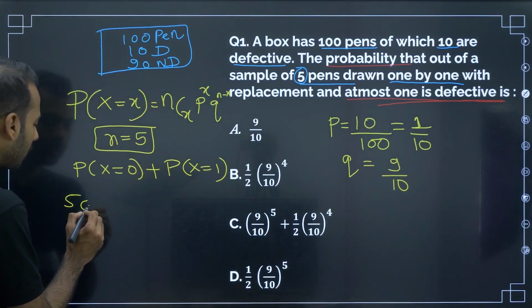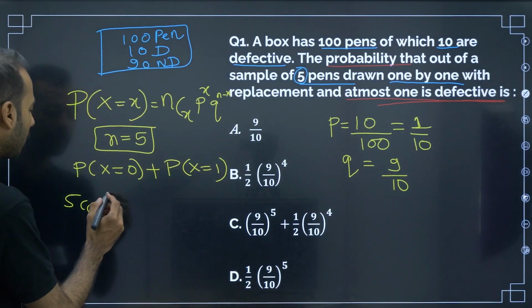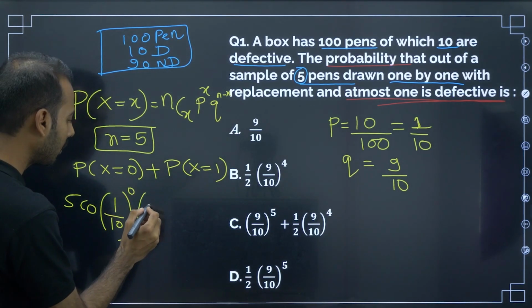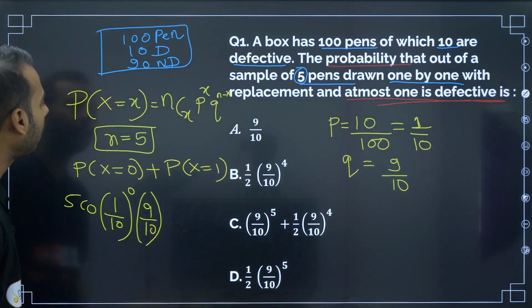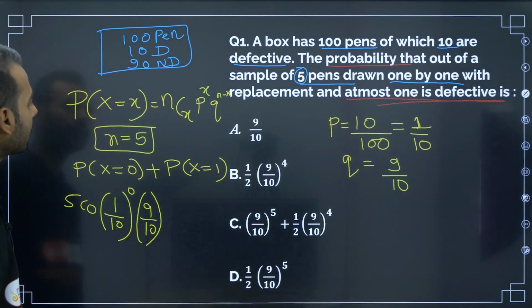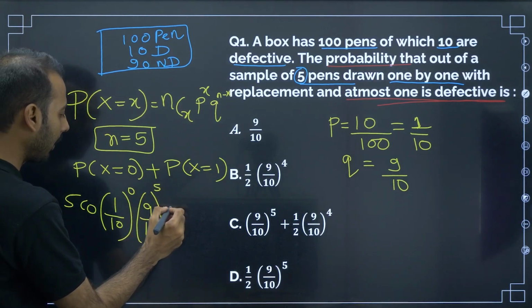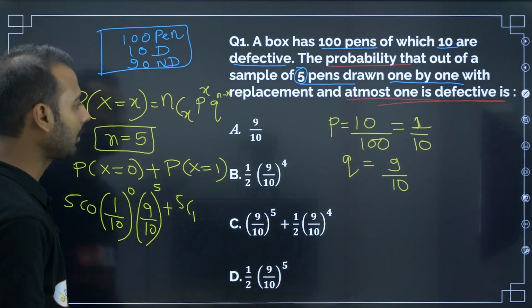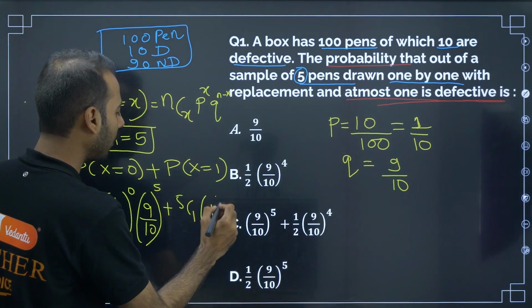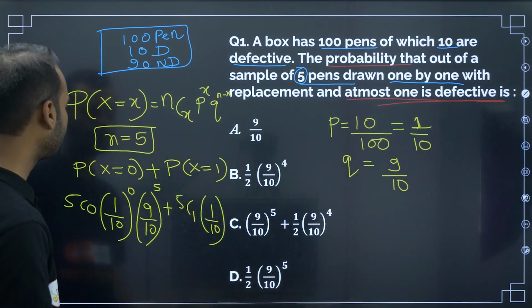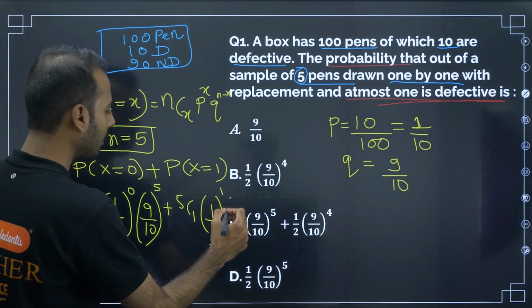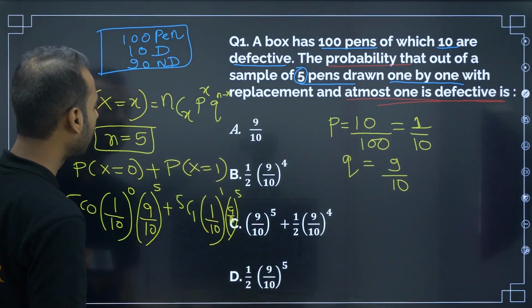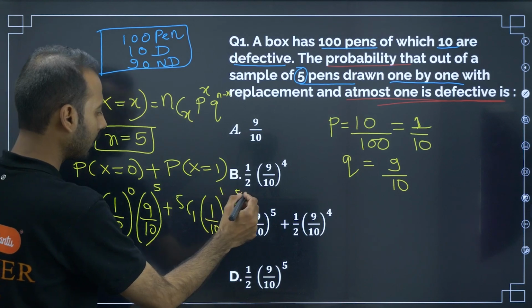So here we'll get 5C0, p value is 1 by 10, x is 0, q is 9 by 10, n minus x is 5 minus 0, so this is 5, plus 5C1, p is 1 by 10, x is 1, q is 9 by 10, and n minus x is n minus 1.